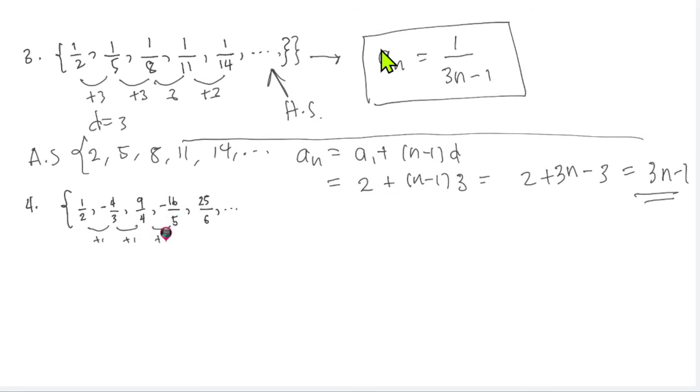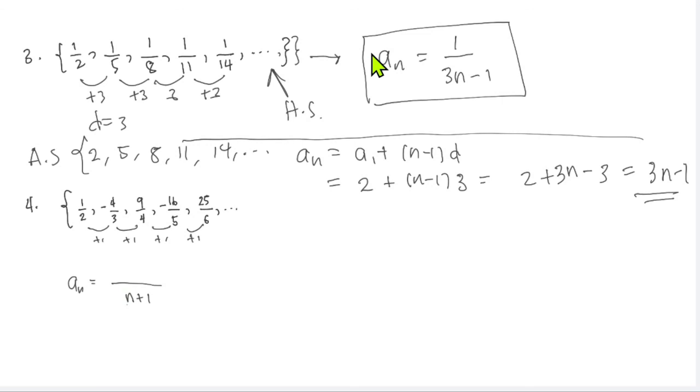So the common difference is 1. So the denominator is given by n plus 1 because the first term is 2 and you add 1 every time. So the first term is 1 plus 1, the second term 2 plus 1, 3, the third term 3 plus 1, 4.